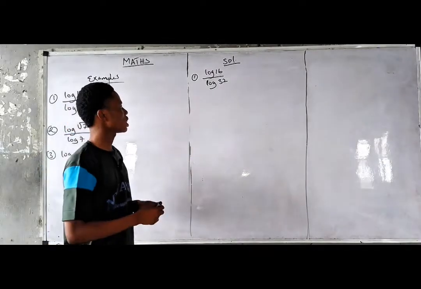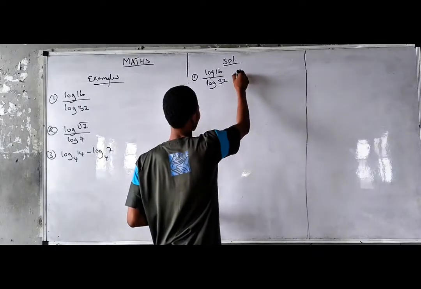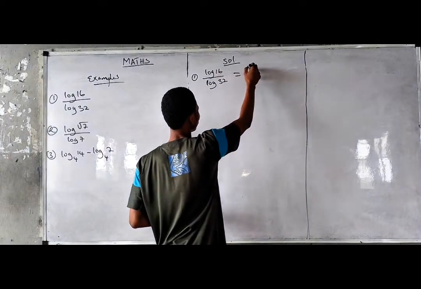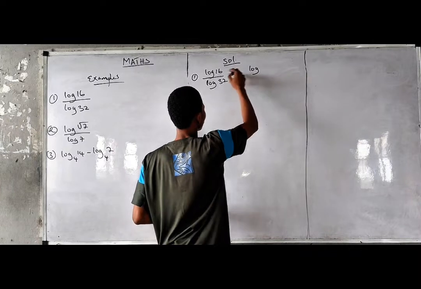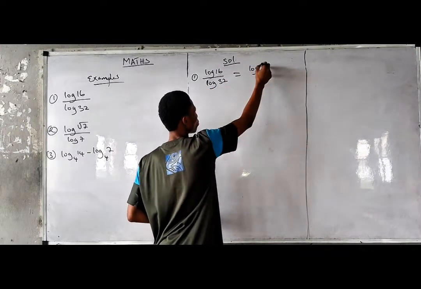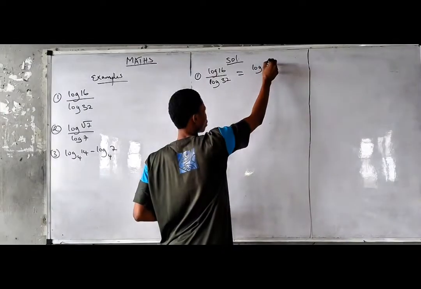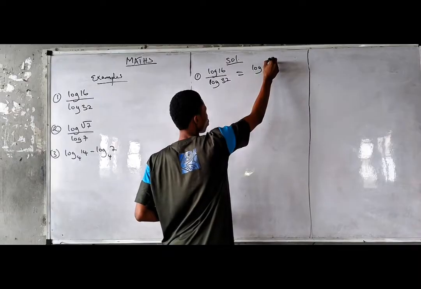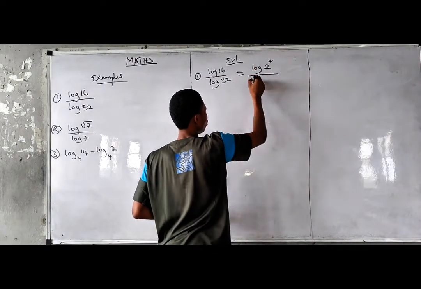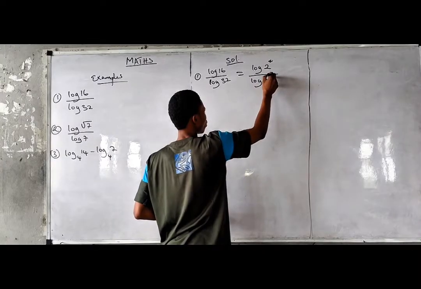So in this case here, you're asked to solve. You know, this is the same thing as log 16. 16 is 2 raised to power what? 4, right? All over log 32. 32 is 2 raised to power 5, right?